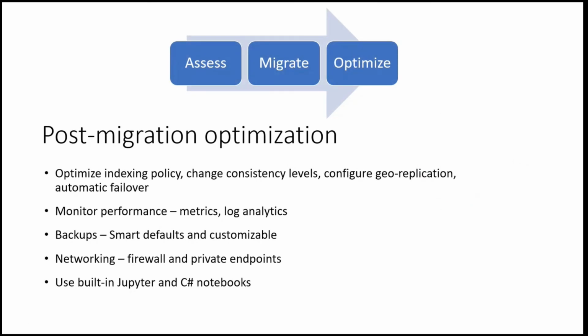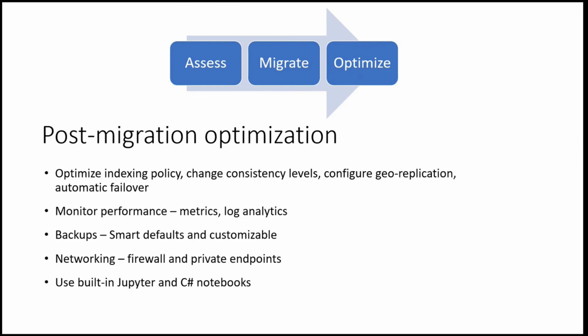Lastly, as I mentioned, it's not complete just after you move your data to Cosmos DB. You will still need to monitor and optimize your solution, and see if any tweaks are needed based upon your performance and workload patterns. A few things you can do here are optimize the indexing policy and make sure you're using the right consistency levels.